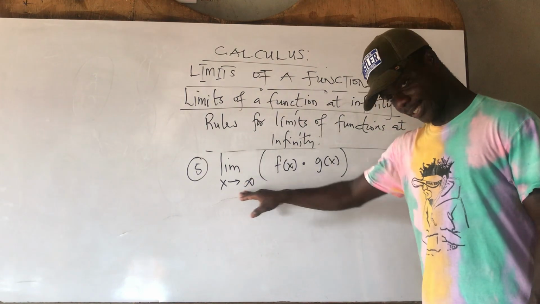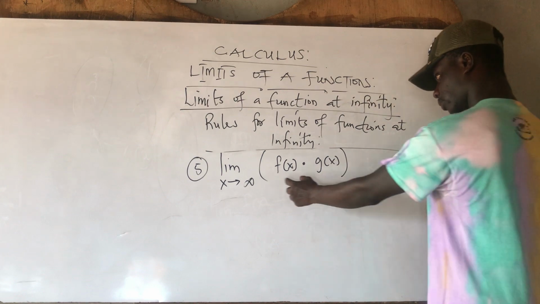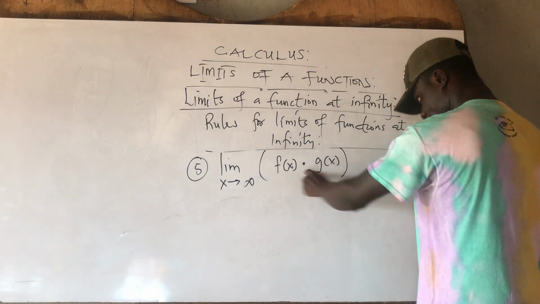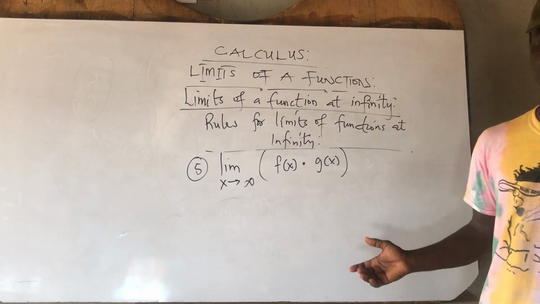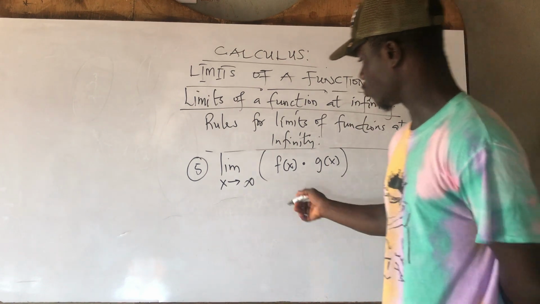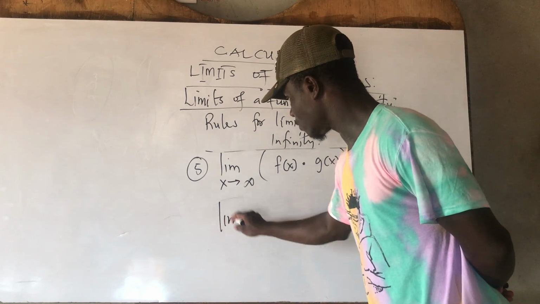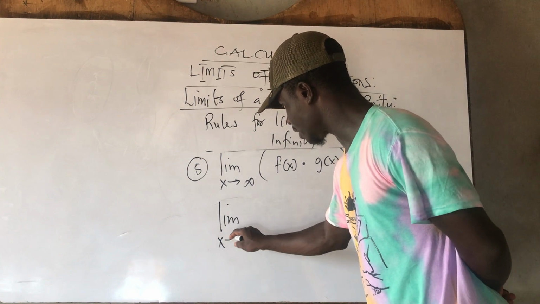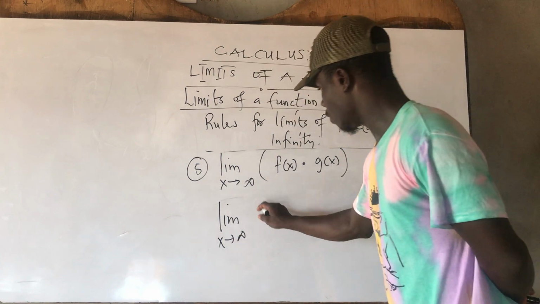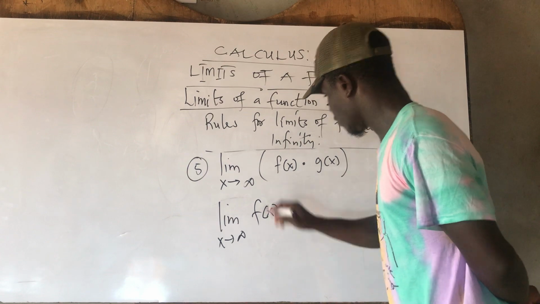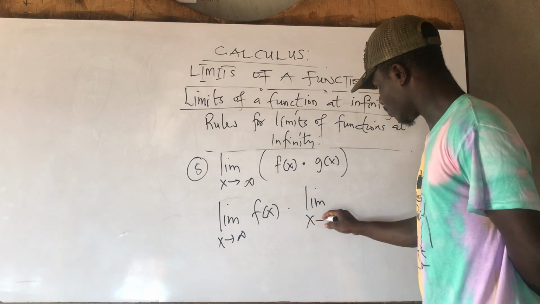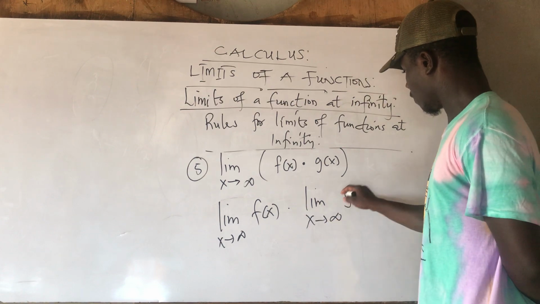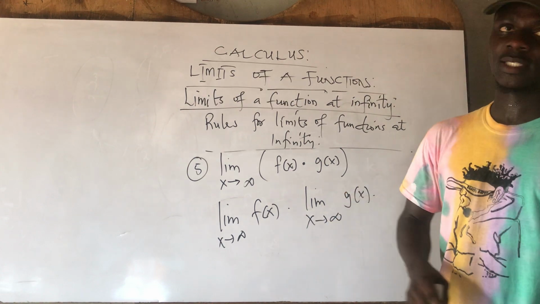So we have a product here, right? Now, how do you treat this? You take the limit as x approaches infinity of f of x times the limit as x approaches infinity of g of x.